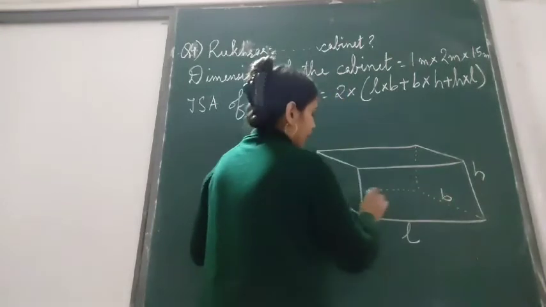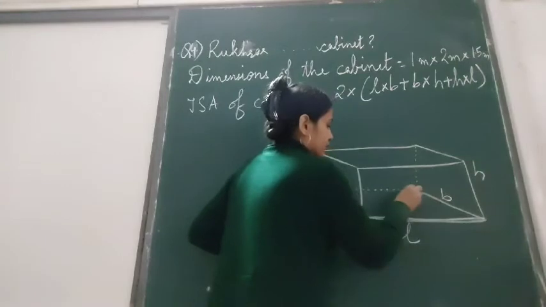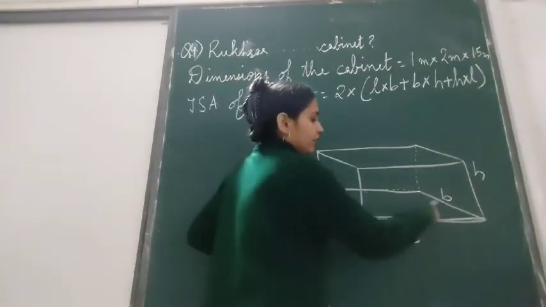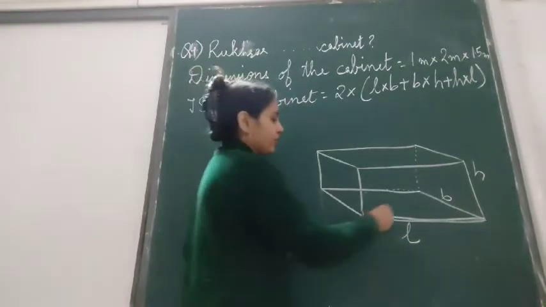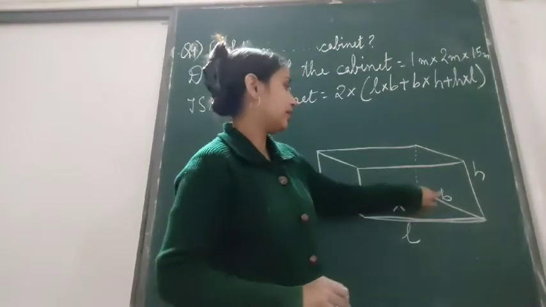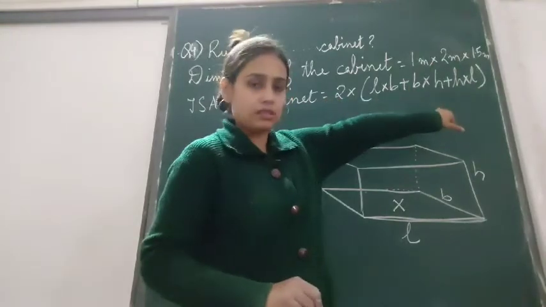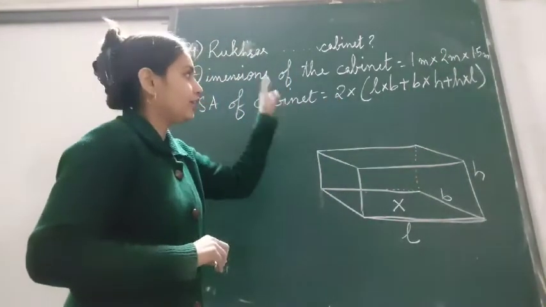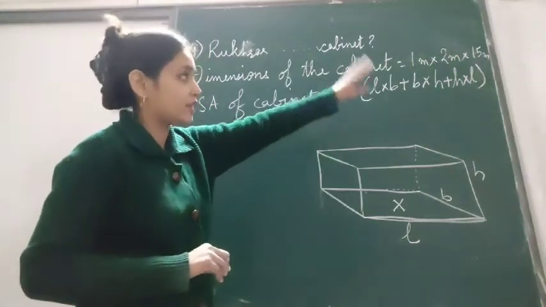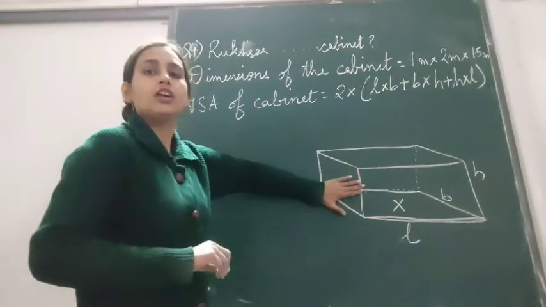So for this base, if we find the area of this rectangle, what will be the area of this rectangle? Length into breadth. That means we need to remove this. That means from here we remove 1 length into breadth. So the total surface area of the cabinet is 2 into length into breadth plus breadth into height plus height into length. This is the total surface area of the cabinet because it is in the form of a cuboid.